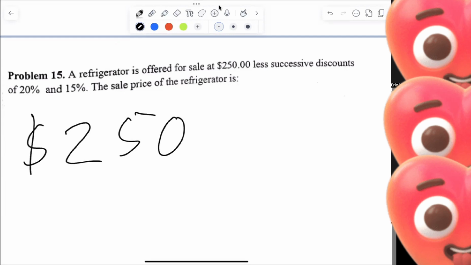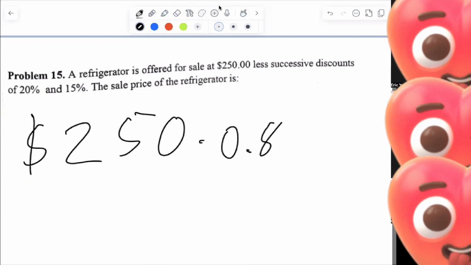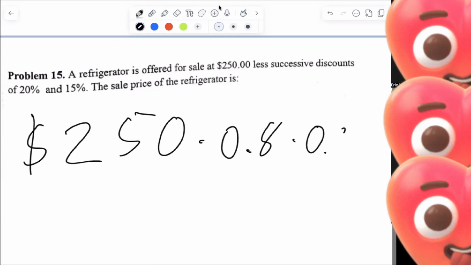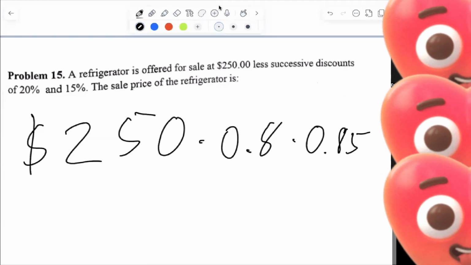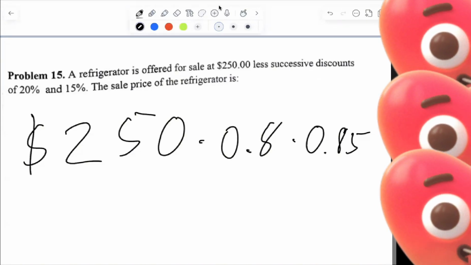We take a 20% discount, or 0.8 times the original, and then we take 0.5 of that, because 50% off means 50% of the price, and 20% off is 80% of the original.